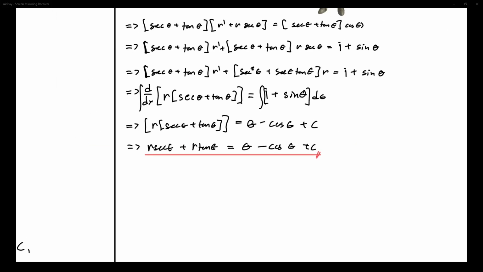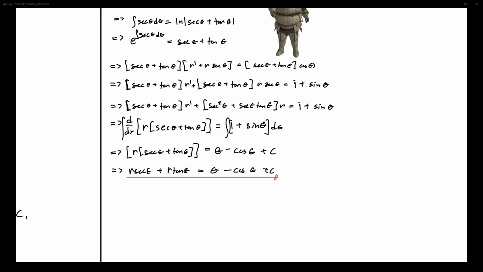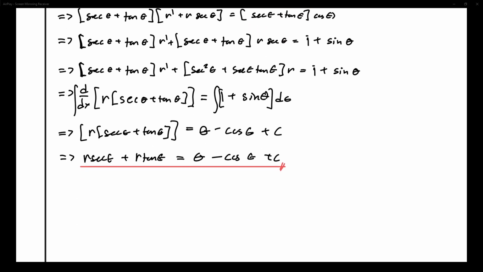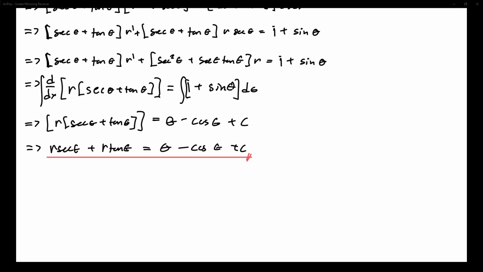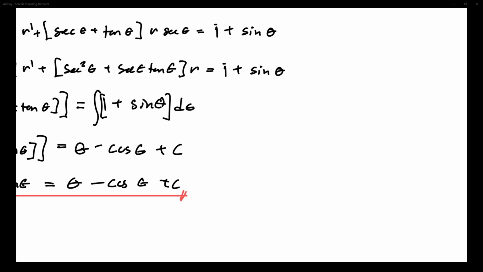But now we have to find what's one of the largest possible intervals that we can have this solution on. If you know a thing or two about trig, you'll know that both secant and tangent have some domain issues. Cosine is fine, but secant and tangent we've got to watch out for. So let me draw a quick graph.